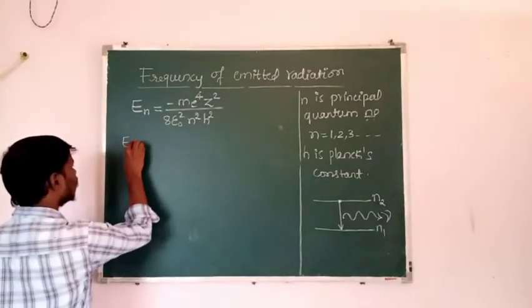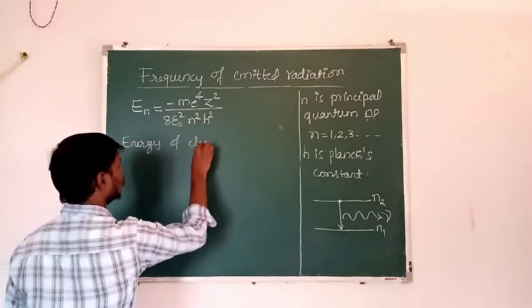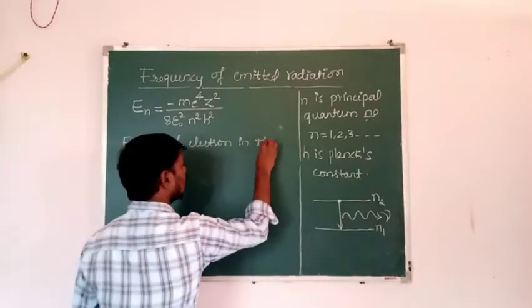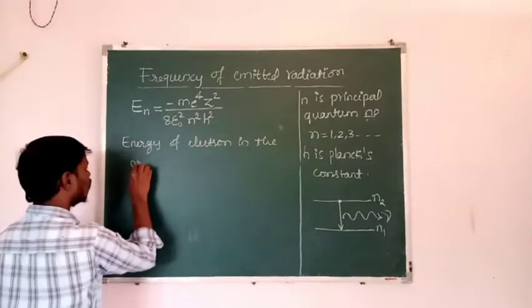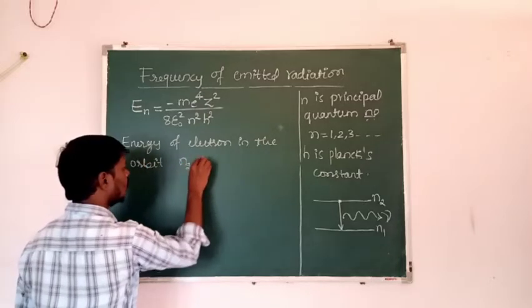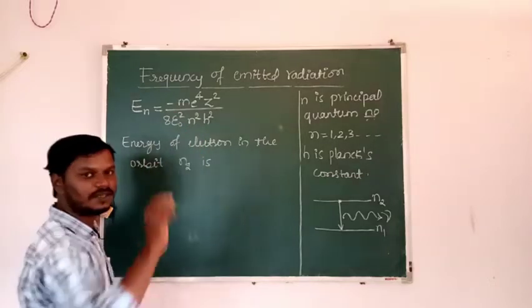Energy of the electron in the orbit n2 is, how to write this one? Wherever n is there, I will put n2.